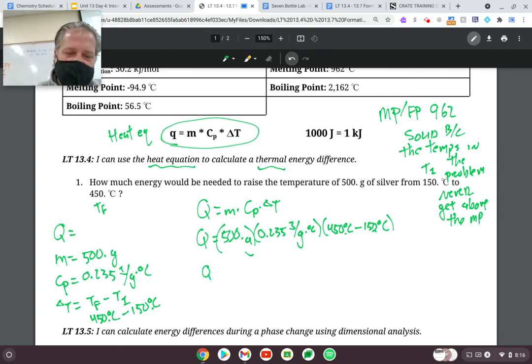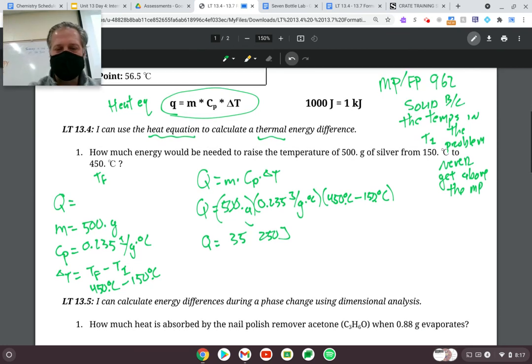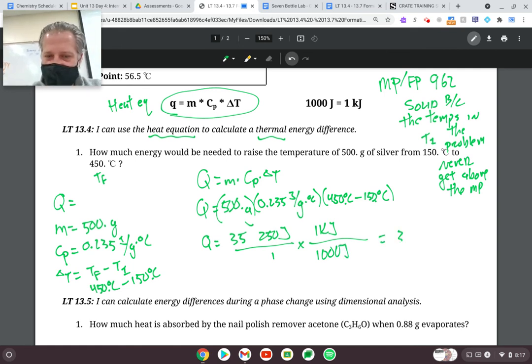Now all that's left is to plug it into my calculator, and I get a really large number, something like 35,250 joules. This problem does not ask me to convert it to kilojoules, but I'm going to anyway, just for practice. Since 1 kilojoule is equal to 1,000 joules, I get 35.250 kilojoules.